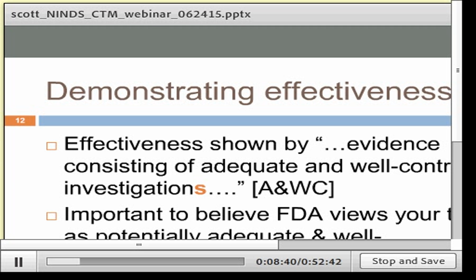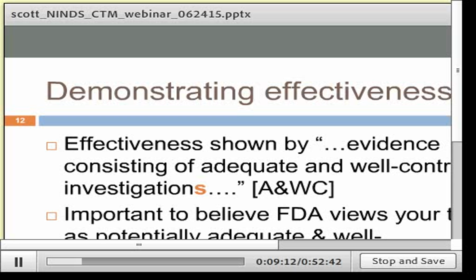So because of this statute and because of the regulations, it might be important to think that FDA thinks your trial design is potentially adequate and well controlled. But, and this is a point I want to stress a lot, that's only if you have some design to bring a product to market. If your research doesn't have some ultimate commercialization in mind, it's not necessarily that important to you whether or not FDA thinks the trial is adequate and well controlled.